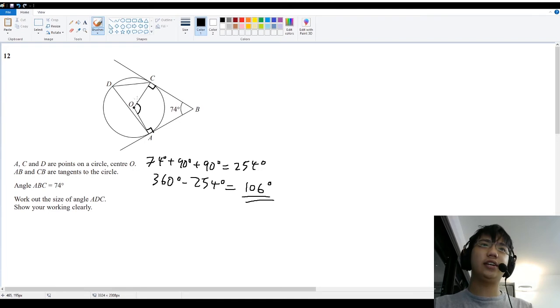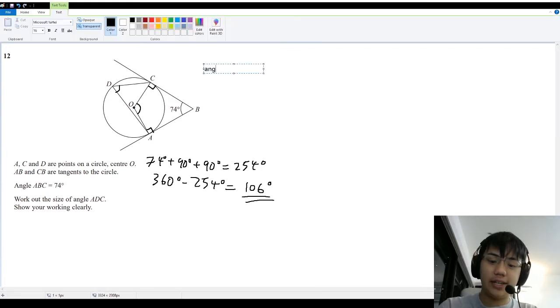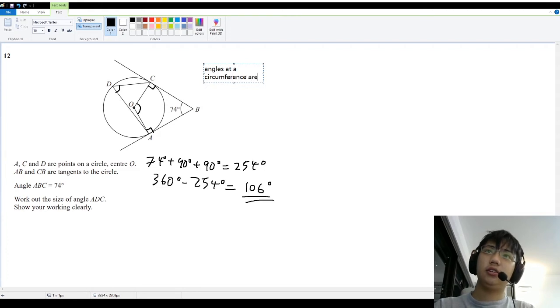To find the size of angle ADC, so this angle over here, we simply apply one of the circle rules, which is that angles at the circumference are half the size of angles at the center.